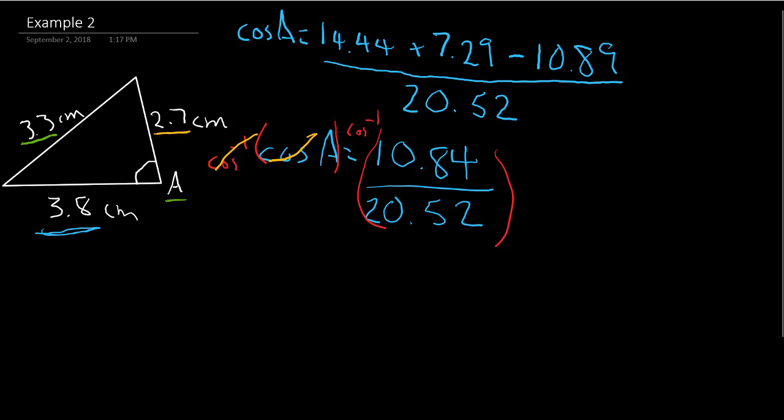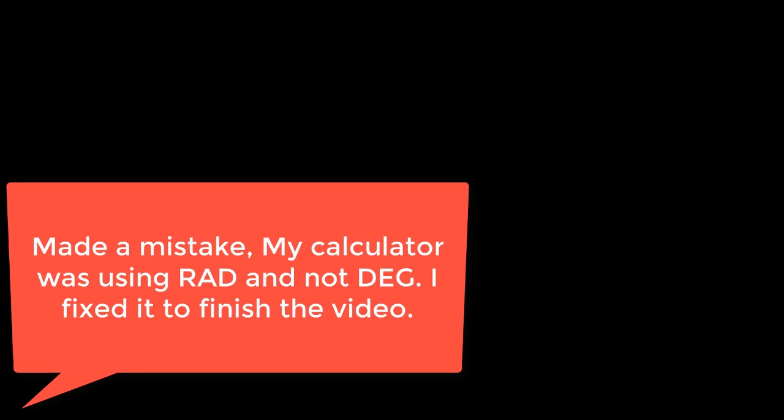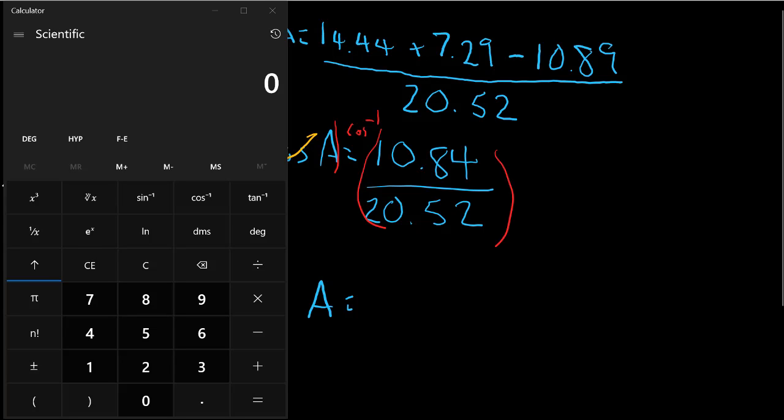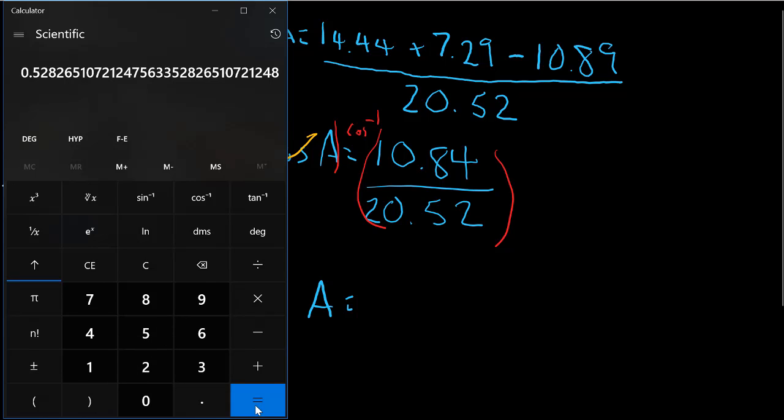So I'll end up getting A equals, I made a mistake. My calculator was using rad, not degree, but I fixed it to finish the video. If your calculator is in rads, you want to make sure it's degree. So I'm going to do this again. 10.84 divided by 20.52, which gives us this long decimal. That was just the numbers in blue over beside the calculator.